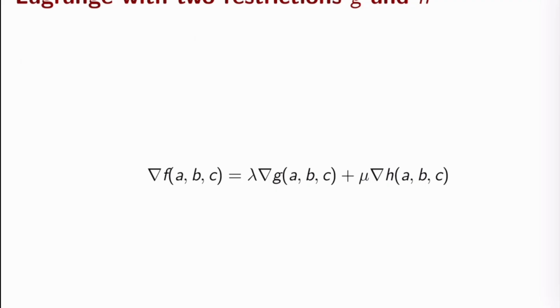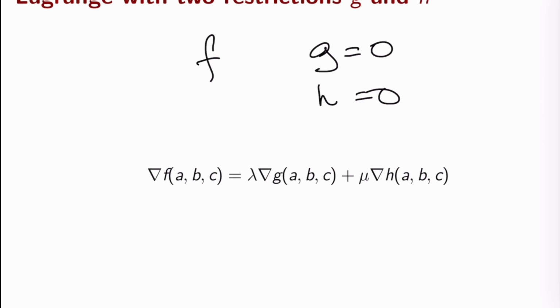We can extend the method of Lagrange if the problem has more than one restriction. So for instance, if we have to calculate the maximum of a function f restricted to the conditions that the function g is 0 and another function h is also 0.